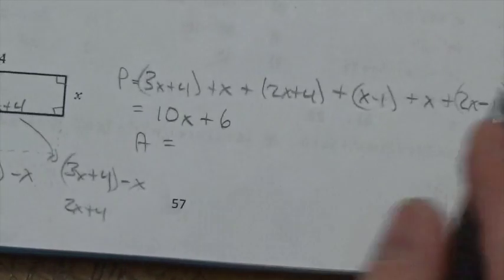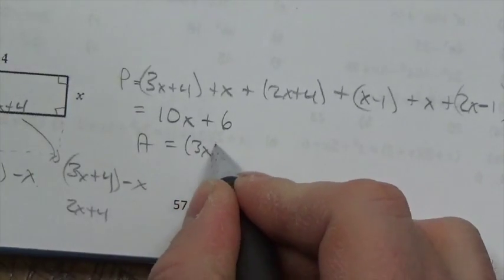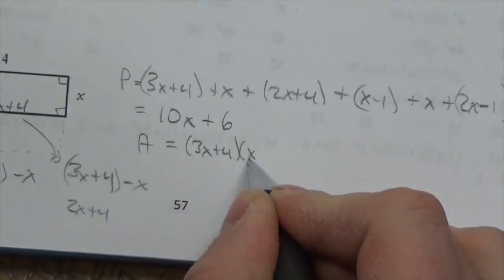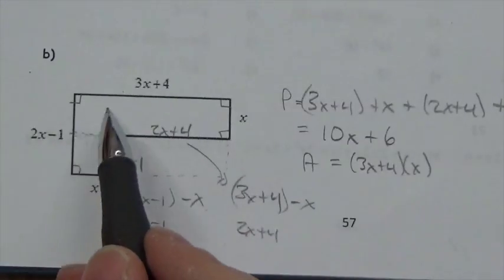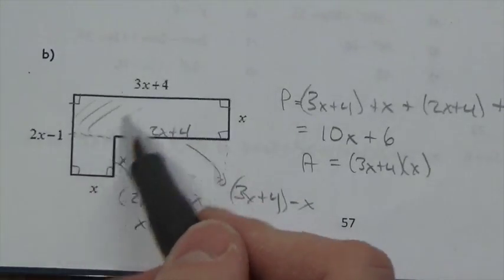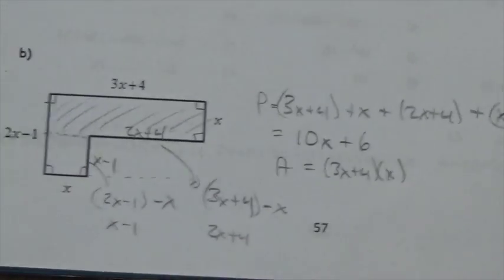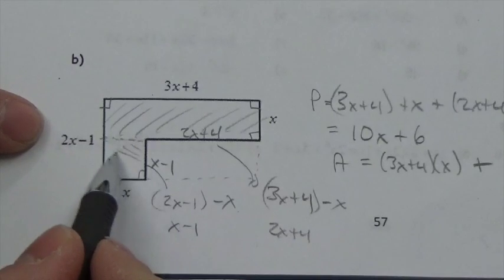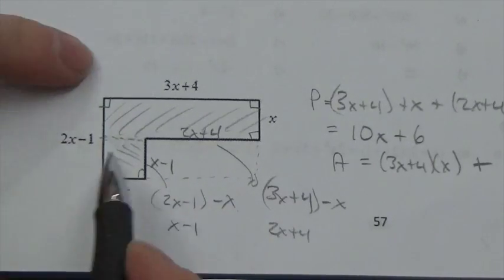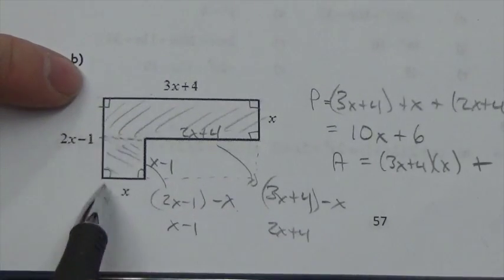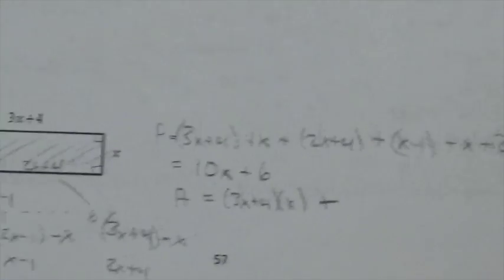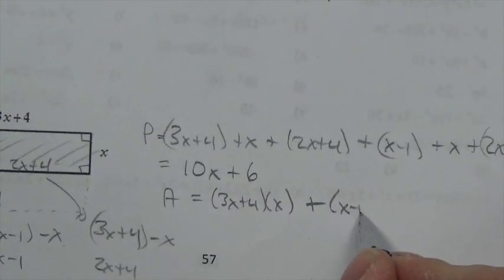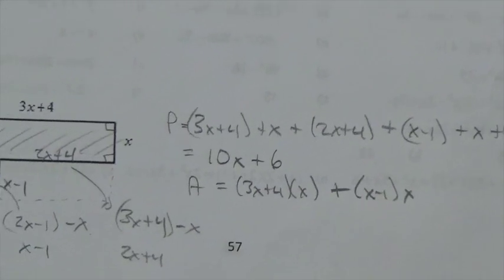So my area here will be 3x plus 4, length times width, and that's going to be for this section right here. This triangle, this triangle, that rectangle. Plus, I'll grab the area of this one, which is going to be x minus 1 times x. Remember, this 2x minus 1 is the whole side over both of those shapes there. So this will be x minus 1 multiplied by x.